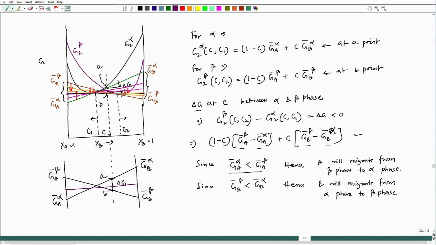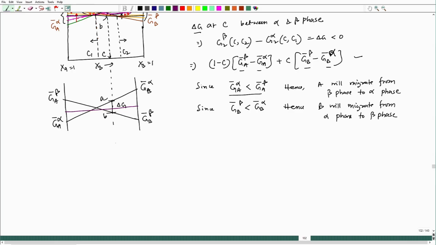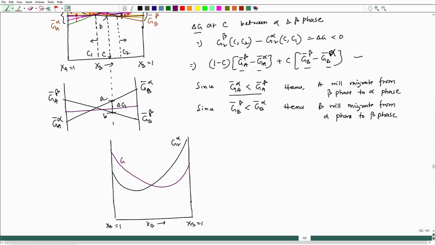So, now if I try to draw it here with the same concept, this is for G2 alpha and then another one is basically for G2 beta.